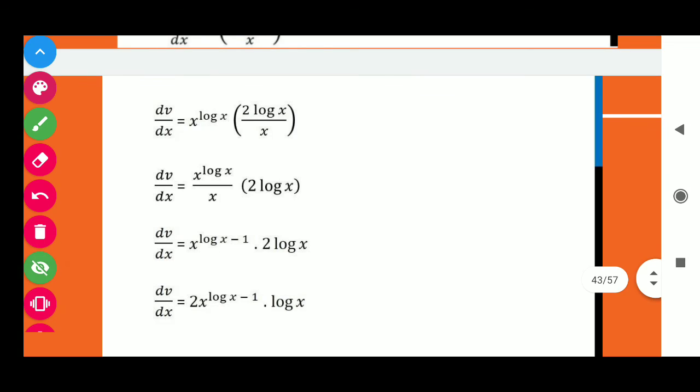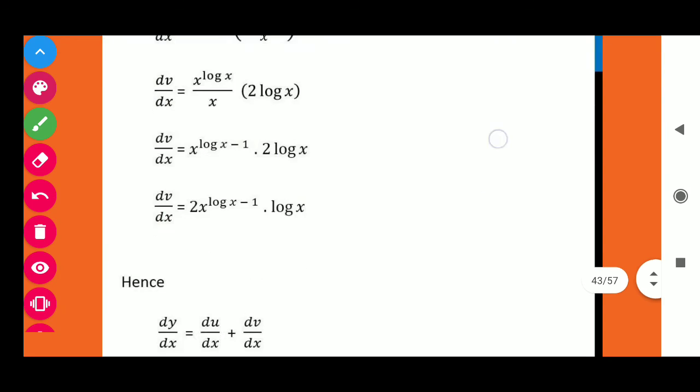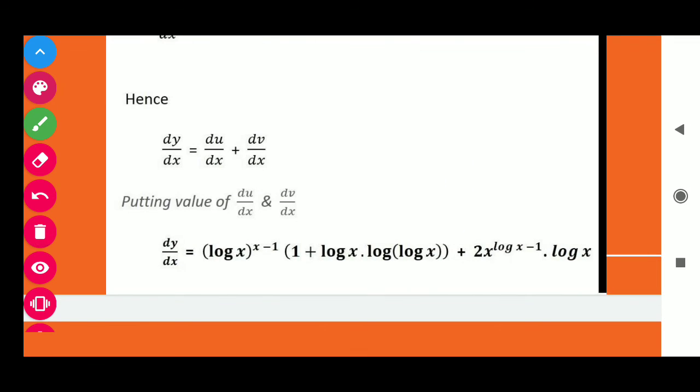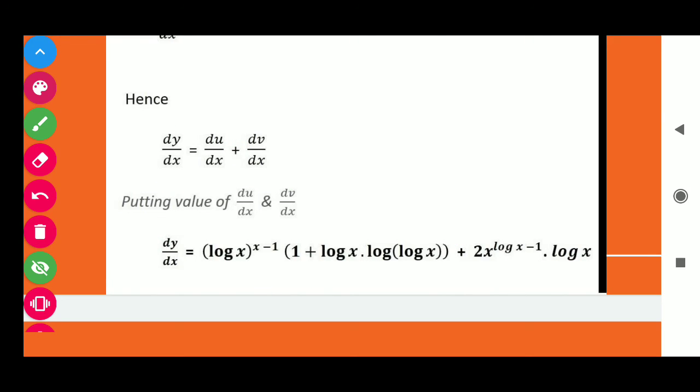In this way we get dv over dx equal to x raised to log x times 2 log x over x, and you can see here x comes in both numerator and denominator, so by collecting them we get in the power log x minus 1. So here put the values in dy over dx is equal to du over dx plus dv over dx. So we get the answer. Students, you have to notice one thing: here we are only given a plus sign, so we just have to add and write it. You do not have to solve it further, do not calculate it at all. This is your result. Okay, so this is a very important question.